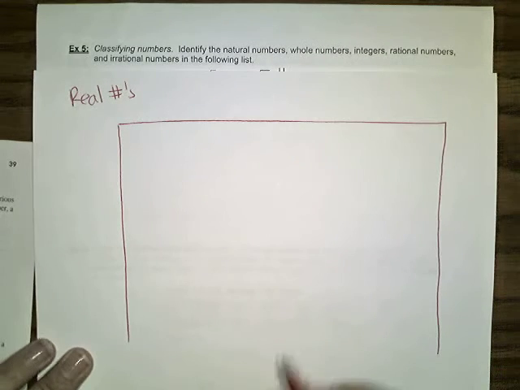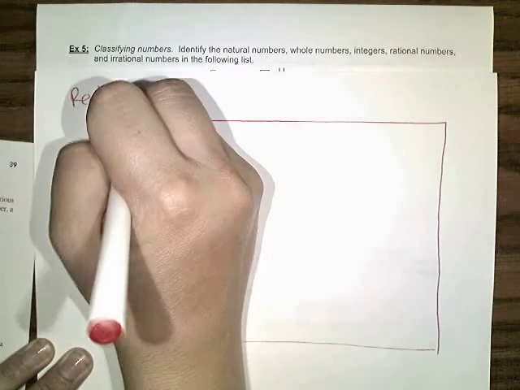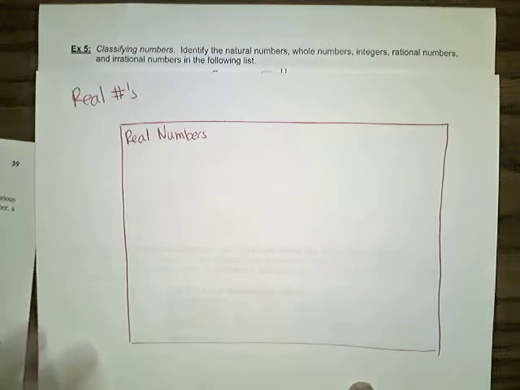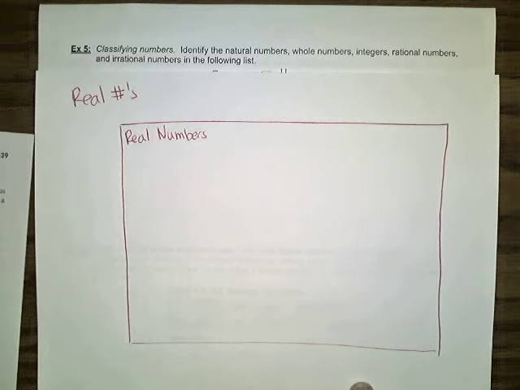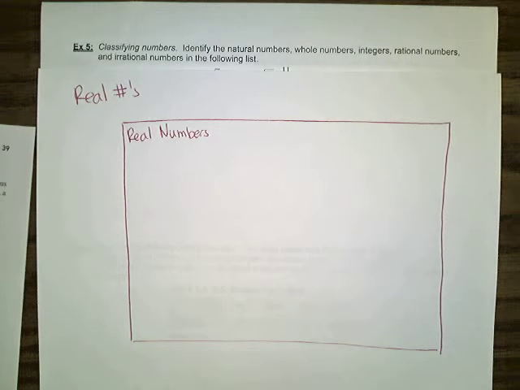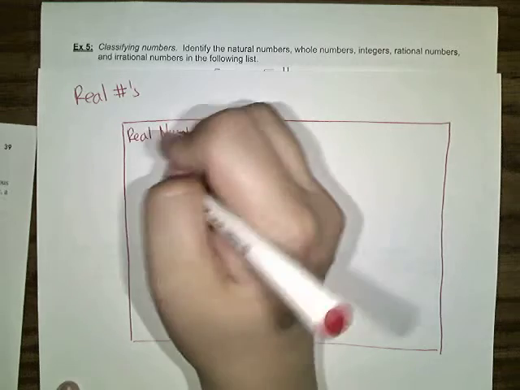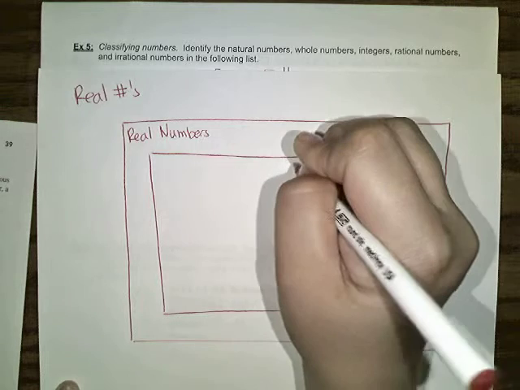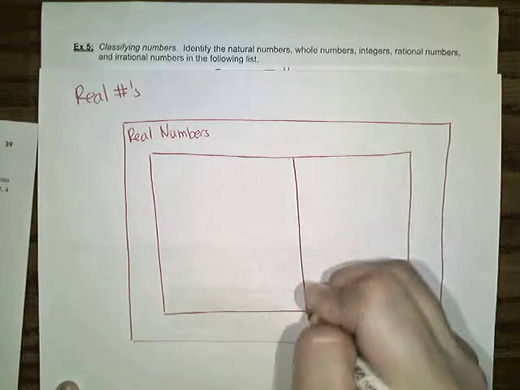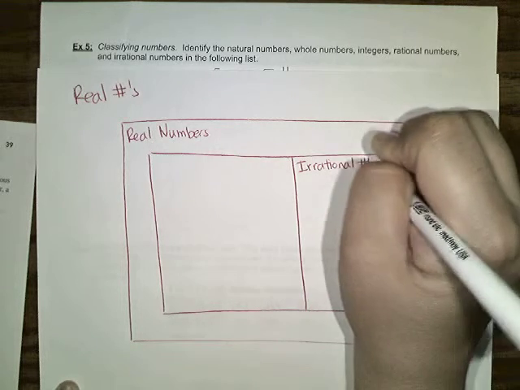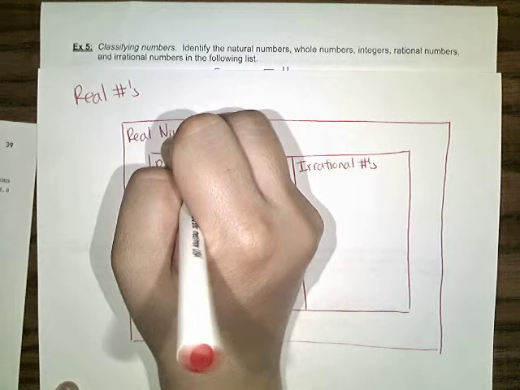So let's get all that up there. Here's our real number family. So this represents all real numbers. Now the last type of numbers we talked about were irrational numbers. We said irrational numbers are numbers that cannot be expressed with a fraction, whereas rational numbers are numbers that can be expressed with a fraction. So we're going to have two blocks inside of here. One for irrational numbers and one for rational numbers.